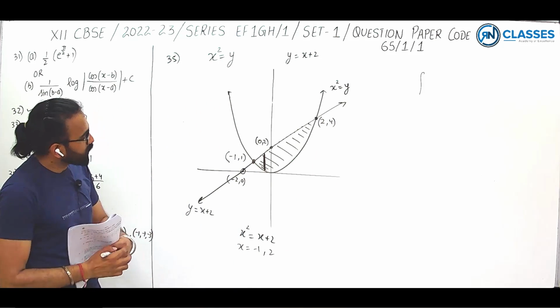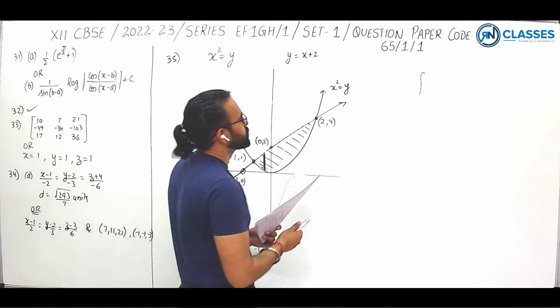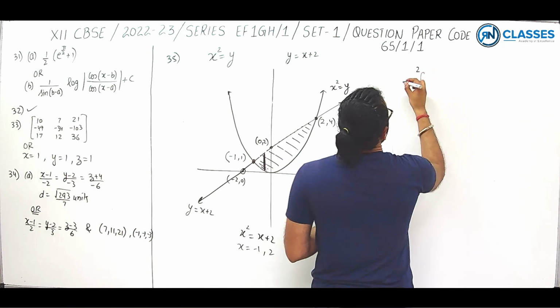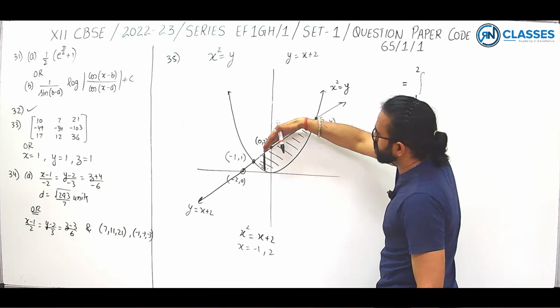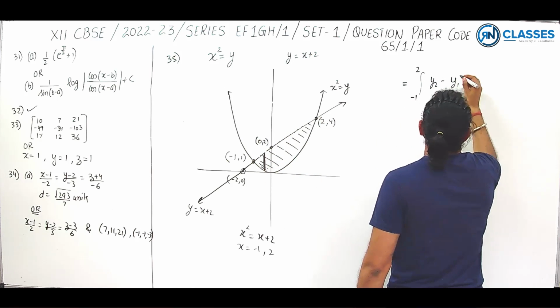It means this vertical strip will vary from x equal to -1 to x equals to 2. And of course, the area is the upper curve, say y2, minus the lower curve, say y1, into dx.